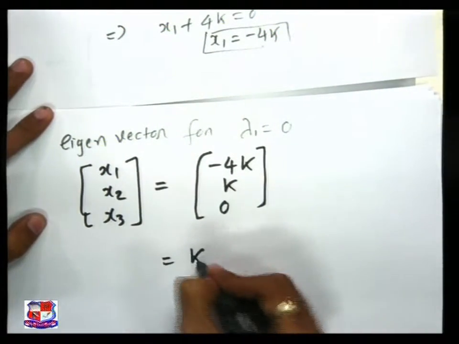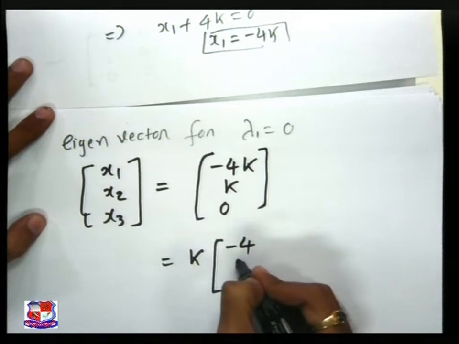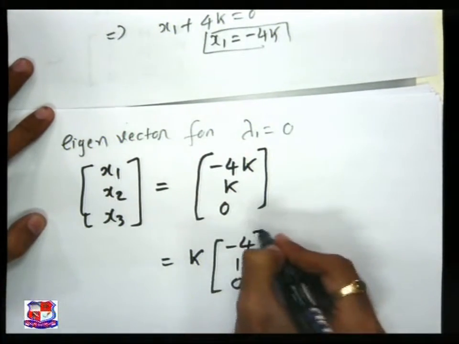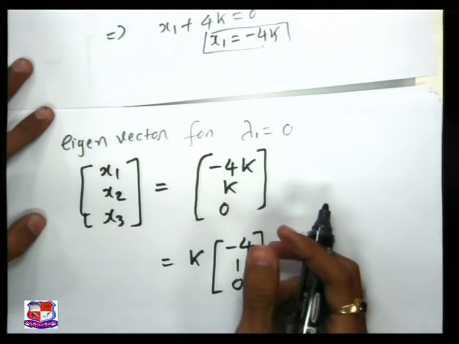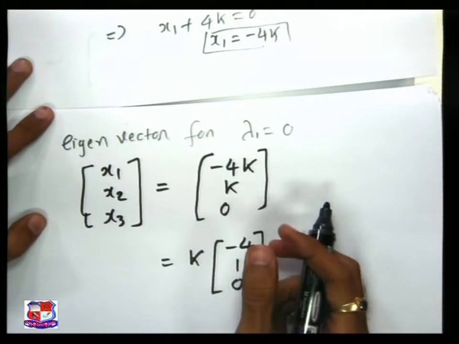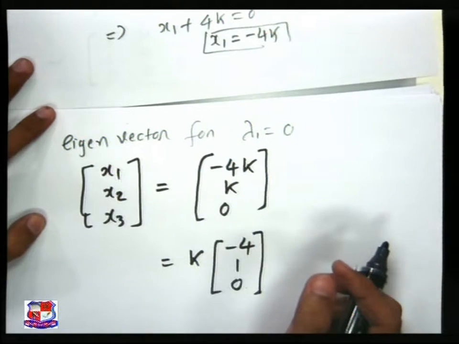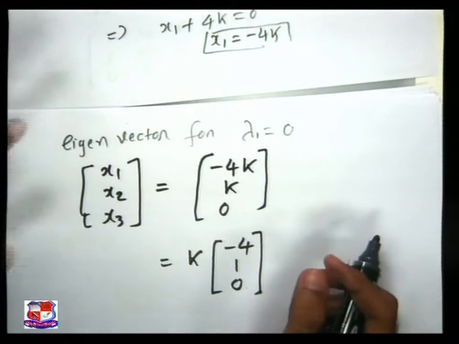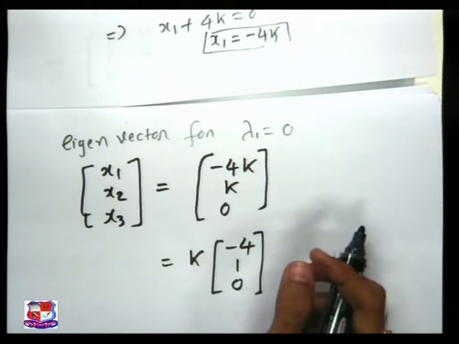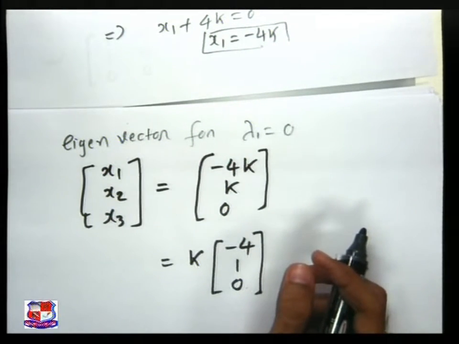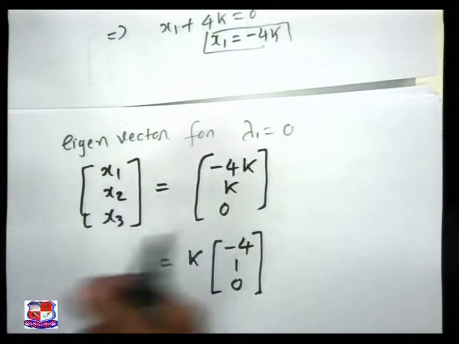If we take k common, we get k times minus 4, 1, 0. So the eigenvector for lambda is equal to 0 is minus 4, 1, 0. In this way we can find the eigenvector for any given eigenvalue.